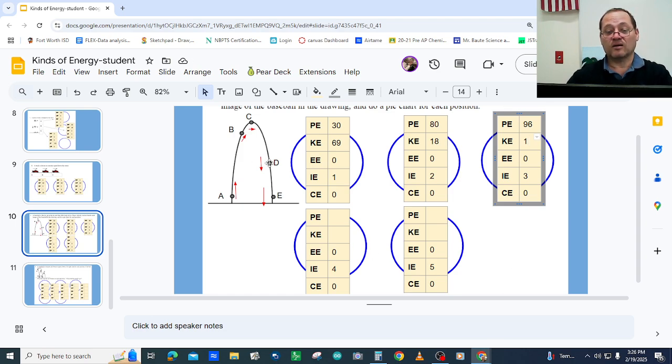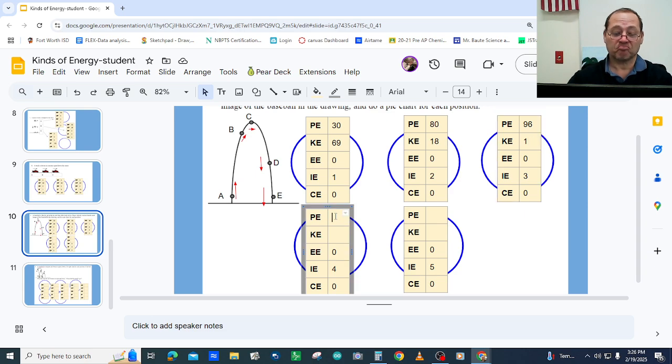At point D, look at point D in the picture, you can see it's going down half the original or the maximum height. So I'm assigning 50% of potential energy for point D, and 50 plus 4 is 54, so I get 46, right? 46% to add up to 100%, if I'm doing it correctly.